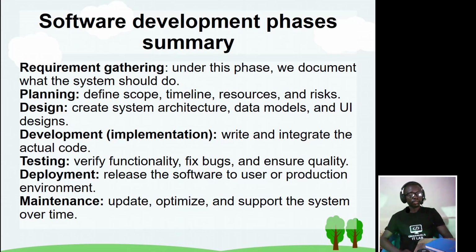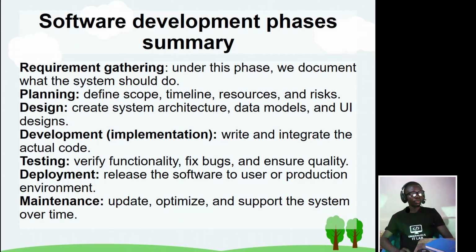So we define the resources like, I will use Python, I will use Visual Studio Code, I will need maybe to hire somebody to support, I maybe need to buy the design. So that's where I will plan. I will plan on how long I will take on the project, that's the timeline. So I will also plan the design.